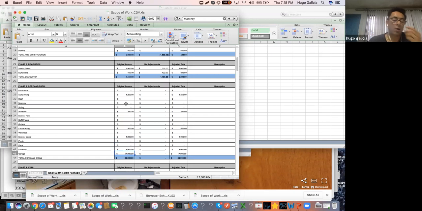So garage, a two-car garage is 17,000. So if you don't need any of these, all that I do is just zero these out. So I just put in 17,000 to zero these out because we don't need a garage, for instance. So that makes it, oh, it's supposed to be negative. So I just put it negative, and then it's gonna be 0, right?